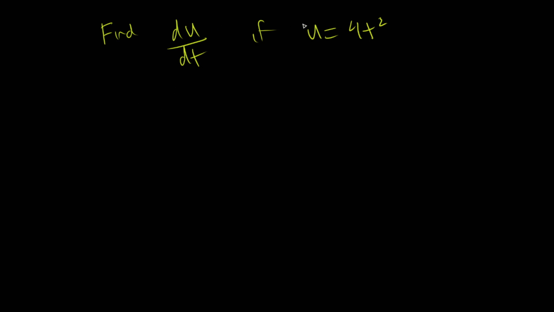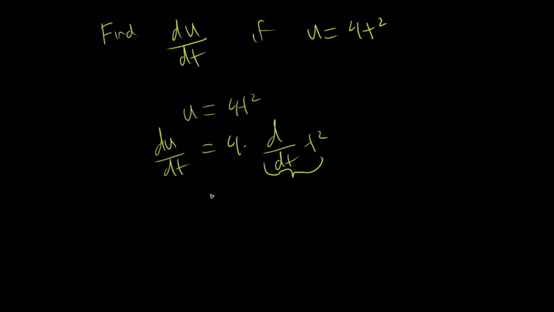Now, we want to find the derivative of u in terms of t, so let's do that. And we know from the constant rule, if we want to find du over dt, this would equal 4 times the d of dt of t squared. And at this point, we could just apply the power rule here, which would equal 4 times 2 times t to the 2 minus 1, which would equal 8t.